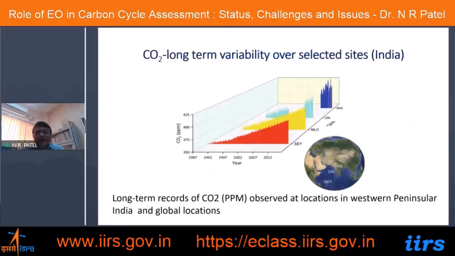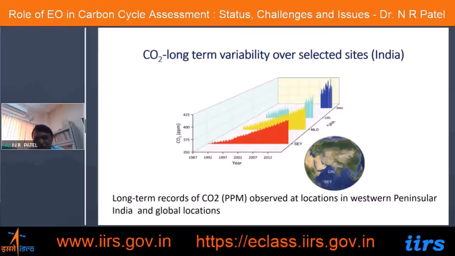You see, for India, this is a long-term record of atmospheric CO2 emission at some CO2 measurement sites in India. One is Sigar, and then these two sites, CRI and SNG, in western South India, peninsular India. These two, yellow and red, are the nearby global sites.